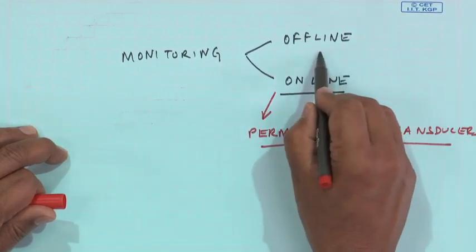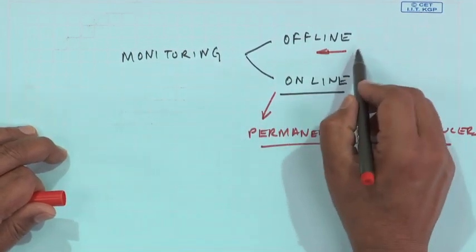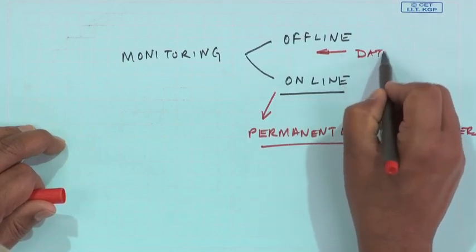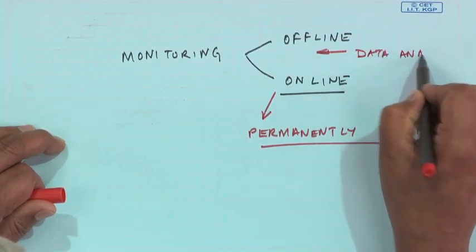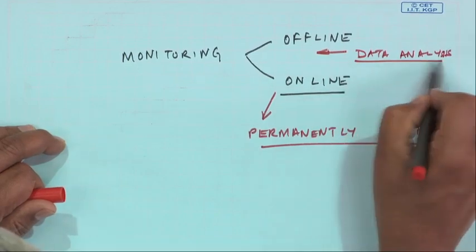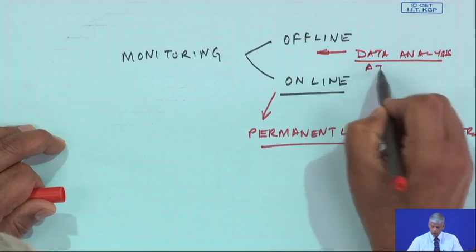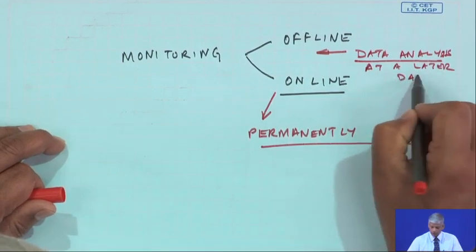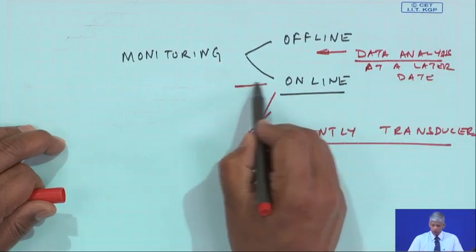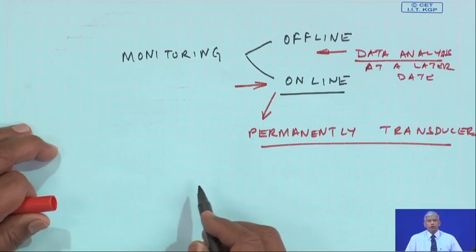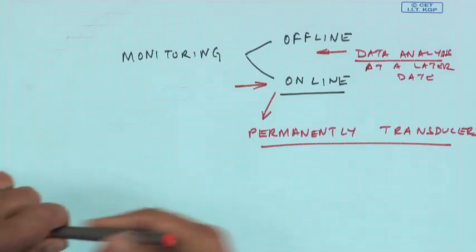Offline, they could be permanent, but data analysis is done at a later date. For critical machines, one has to do online monitoring, because in real time one gets to understand what the condition of the machine component is.